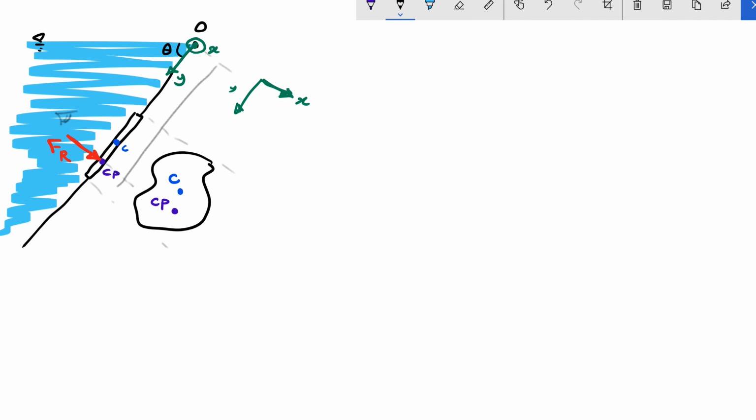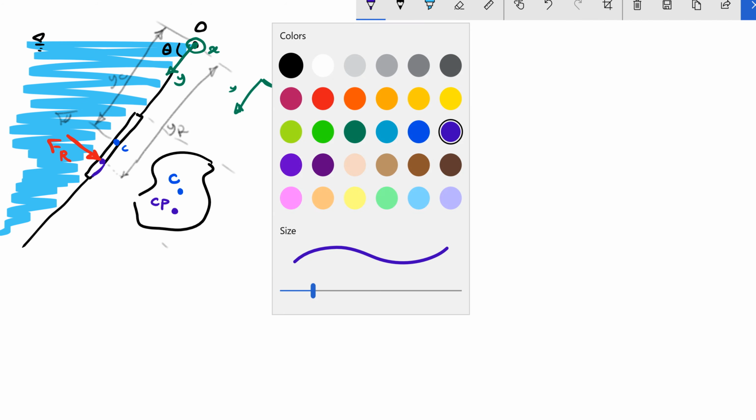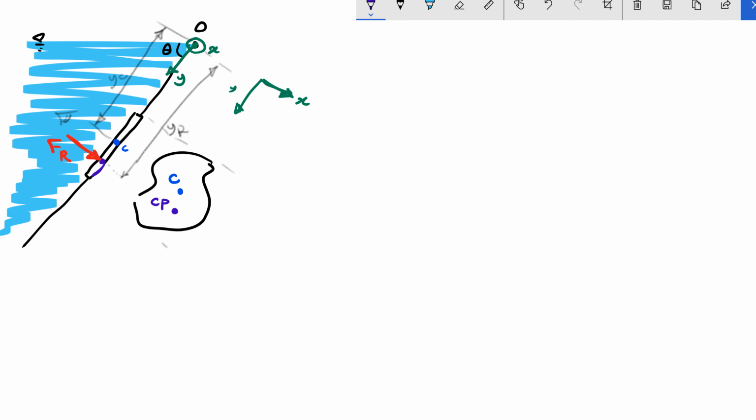is going to be YR. The distance of the centroid from the origin is going to be called YC. We have two. Oh, I made a mistake here. Let me fix this mistake. So this is YR because CP is here. CP.